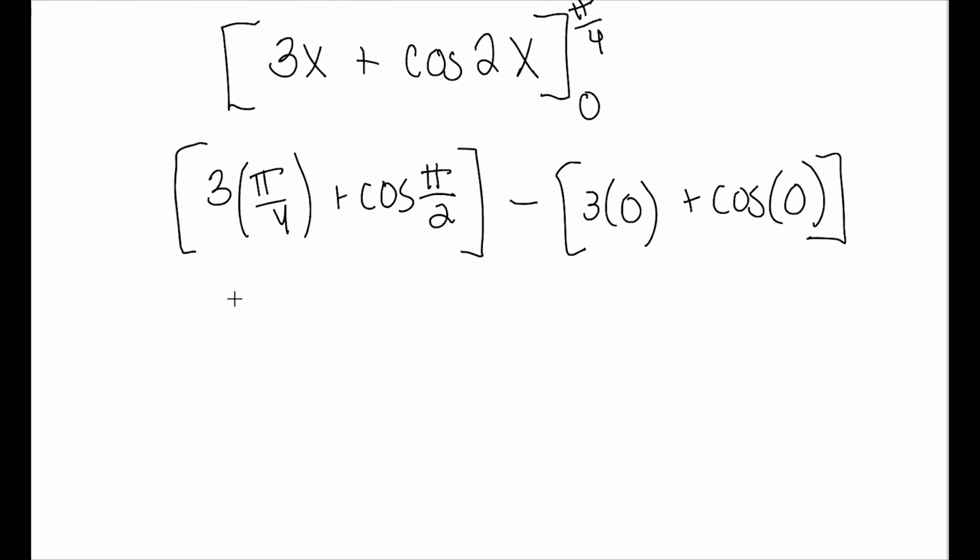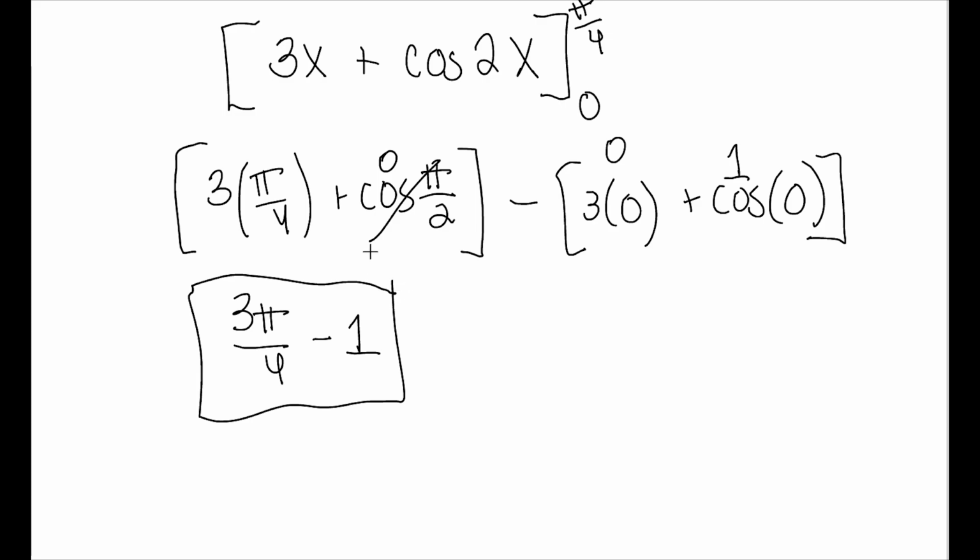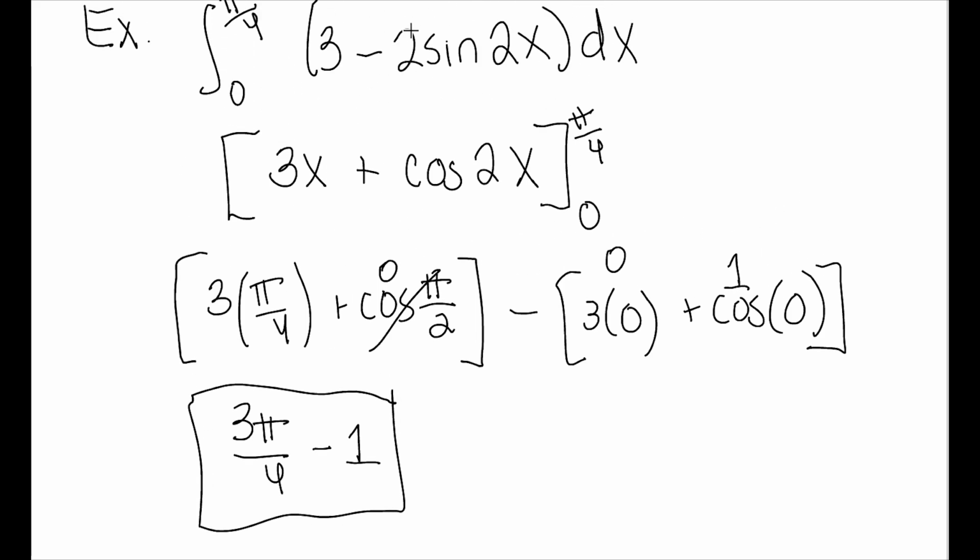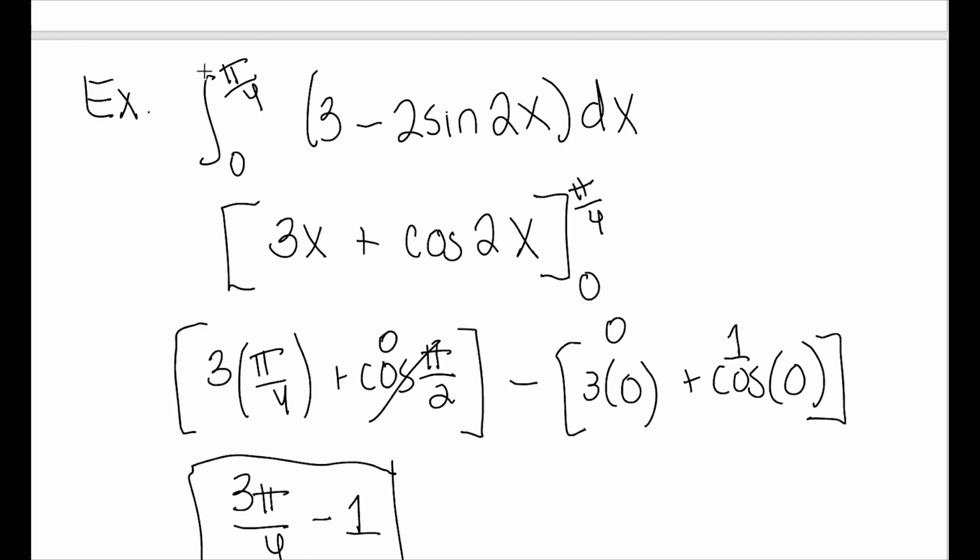Here, if I distribute, I get 3 pi over 4. Cosine of pi over 2, or 90 degrees, is 0. 3 times 0 is 0. And cosine of 0 is 1. So I end up with 3 pi over 4 minus 1 as my final answer, which represents the area of this curve between 0 and pi over 4.